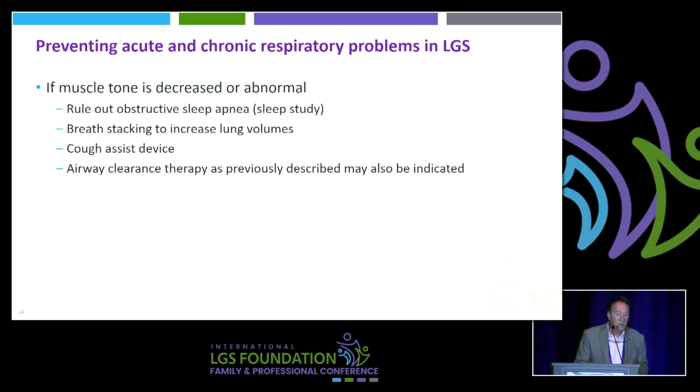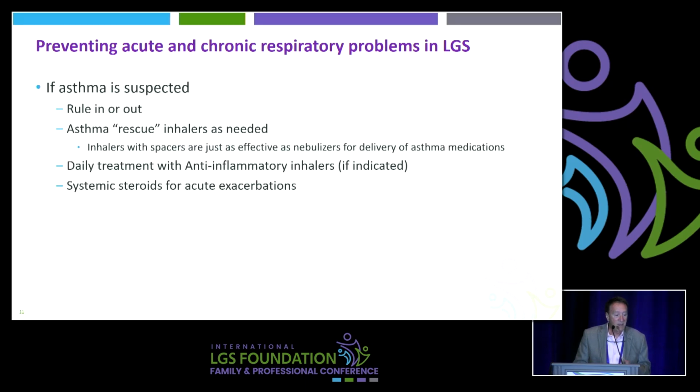And then some of the other airway clearance therapy adjuncts that I talked about in the last slide would be useful there. And then if asthma is suspected, you should see a physician who's in a position to rule it in or out, a pulmonologist. And then asthma rescue inhalers can be used as needed.